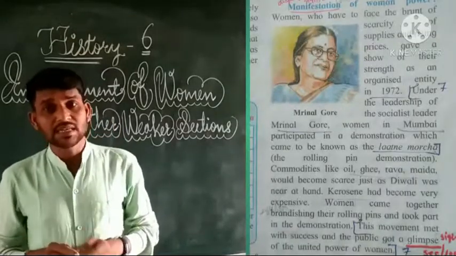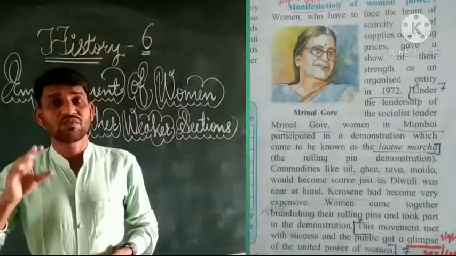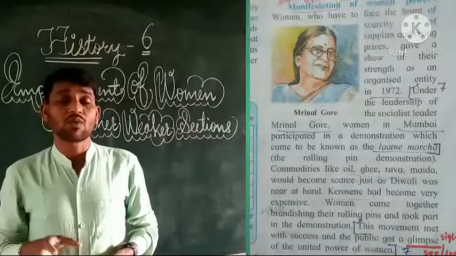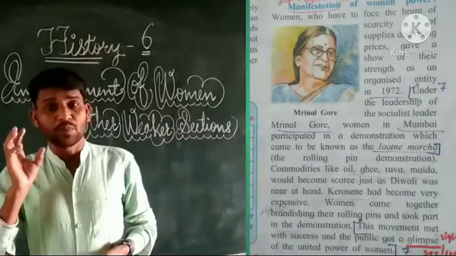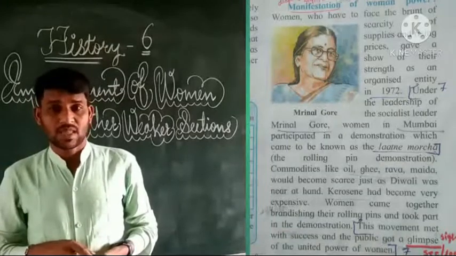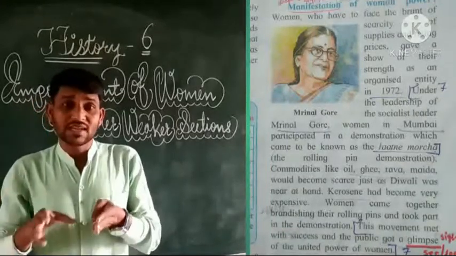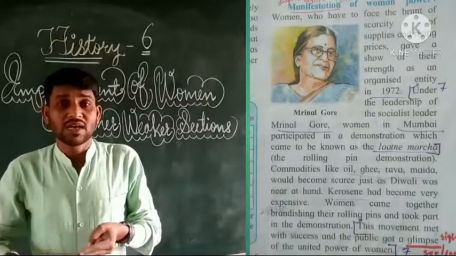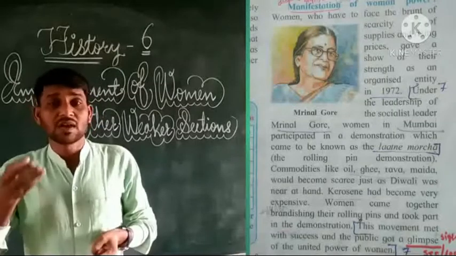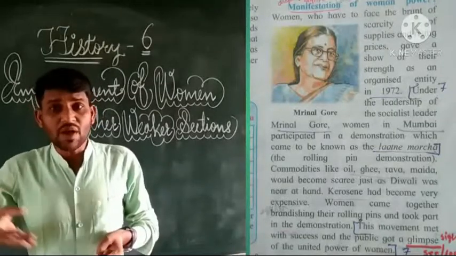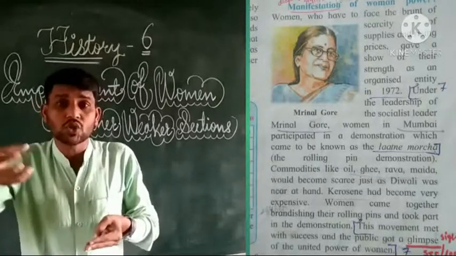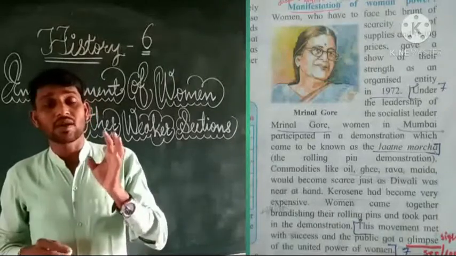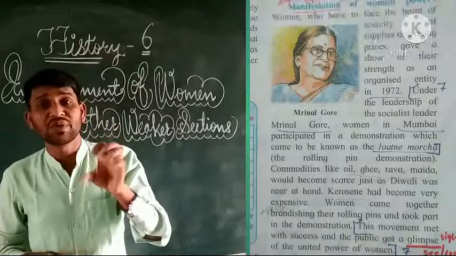Women had to face a lot of criticism and the brunt of society, and through the availability of resources and supplies, for example a rise in the prices of commodities, they showed their strength and power as an organized unit.